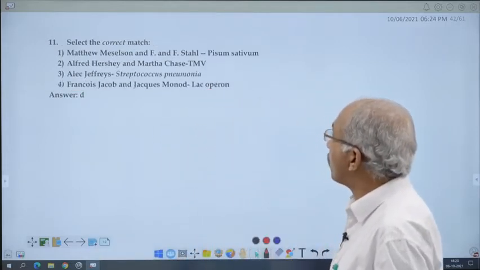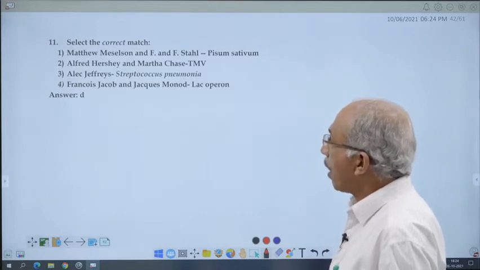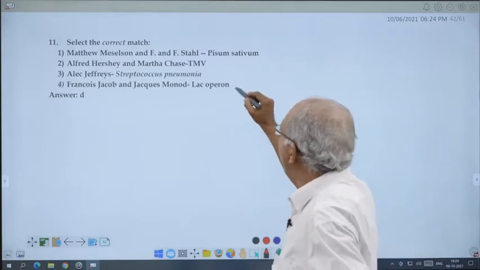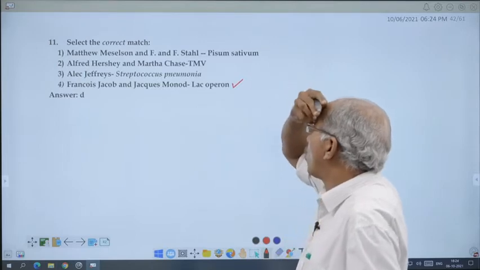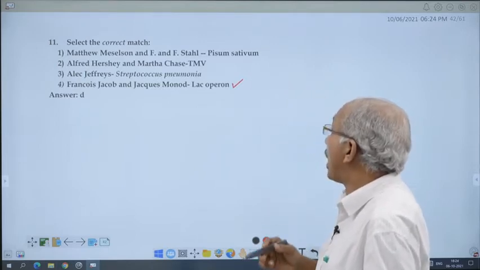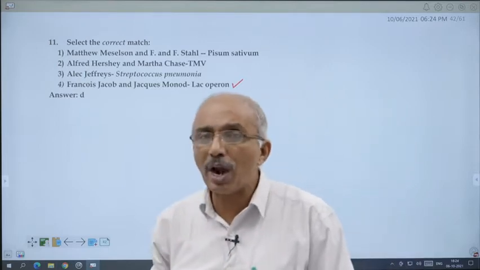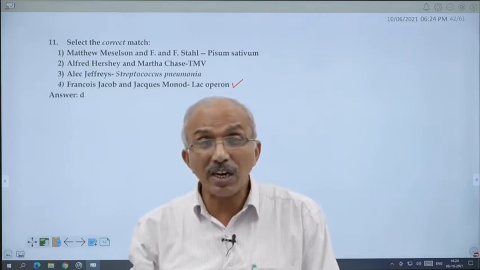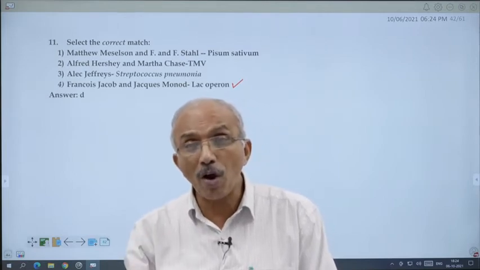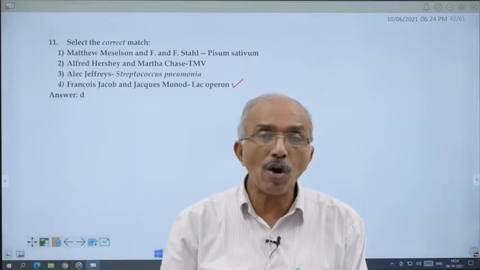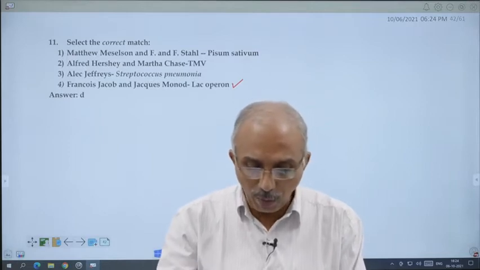Next, question number 11. Select the correct match. Among the given, the correct match is the fourth one. Francois Jacob and Jacques Monod discovered the first operon, the lac operon.